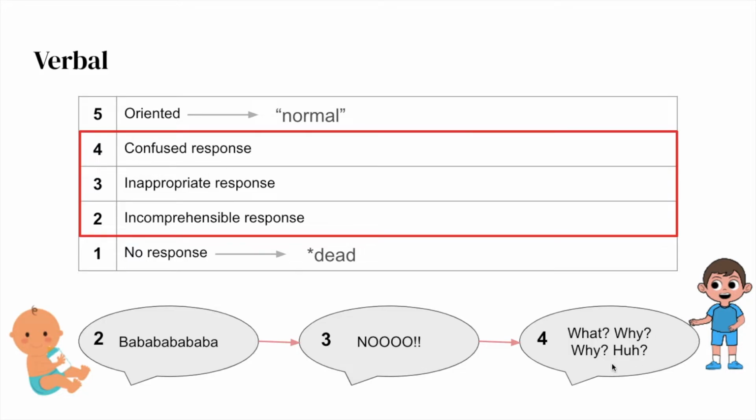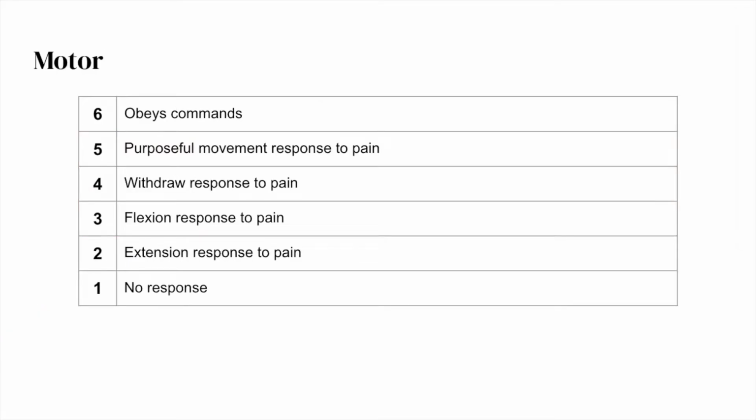And so a little kid who's maybe hanging around you might ask a lot of things like what, why, how does that work, and you can see that there's a natural progression from not responding at all to responding incomprehensibly to responding inappropriately, and then responding in a confused but still appropriate state, and then responding as normal.